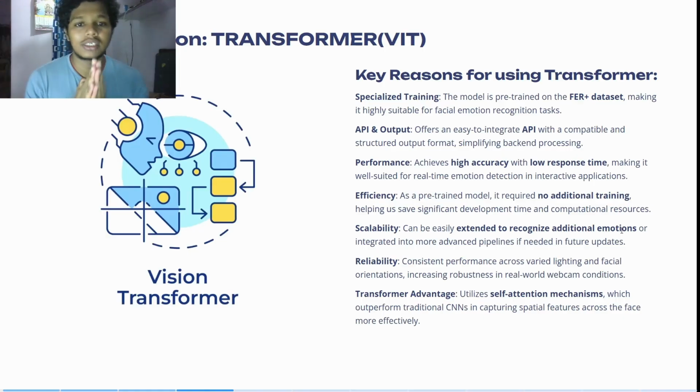So to put this in a gist, the reason we have used a vision transformer instead of a CNN model is because it's a transformer model. Transformer models tend to retain the features which they have learned because of a concept called self-attention, through which transformers can understand the context of the data and train better and be more efficient, accurate, and they're generally easier to train.